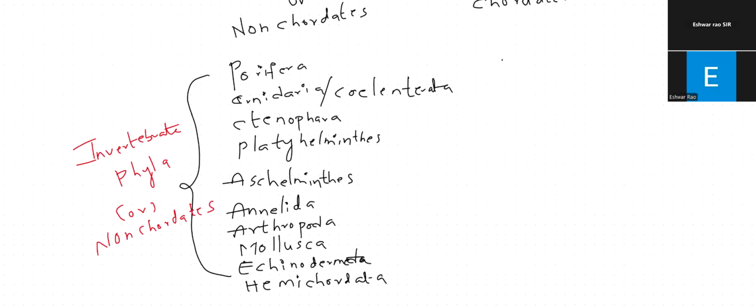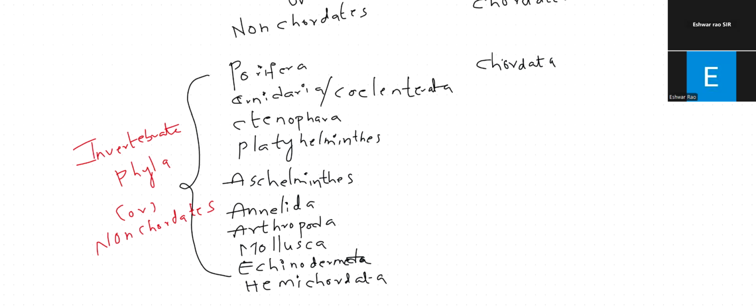We know that phylum Chordata has subphylum or subphyla as well as classes. Just we'll see classes here. When we come in deep explanation, we'll see the complete classification of Chordata.